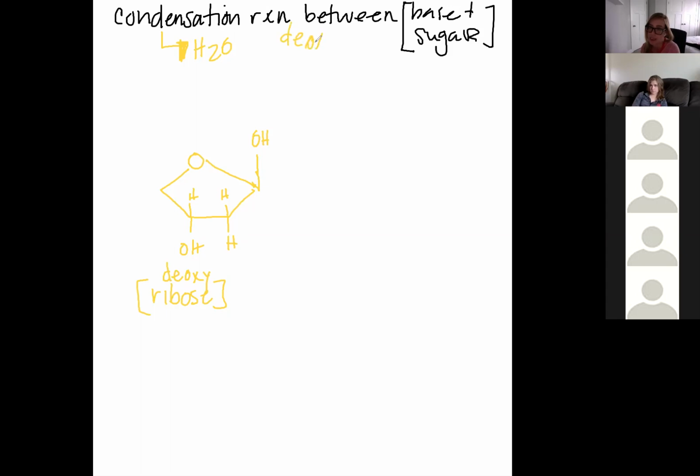Are we kind of connecting bridges here? Yes. So condensation reactions in ribose sugars, aka RNA, form phosphodiester bonds. This condensation reaction that occurs between deoxyribose sugar and a base will occur, like I said, in deoxyribose.